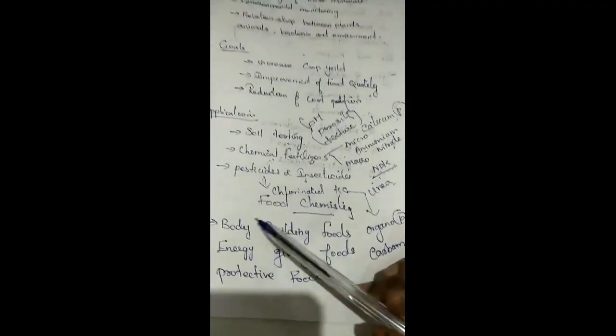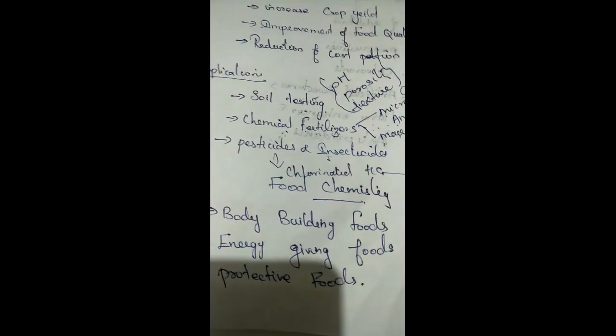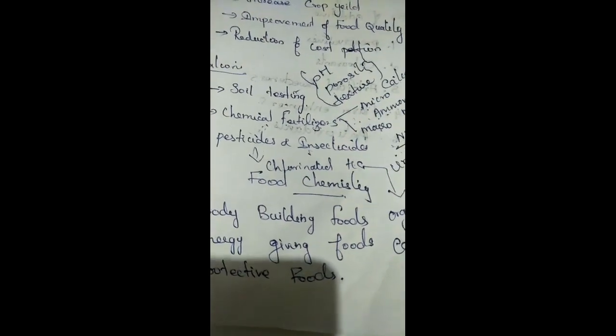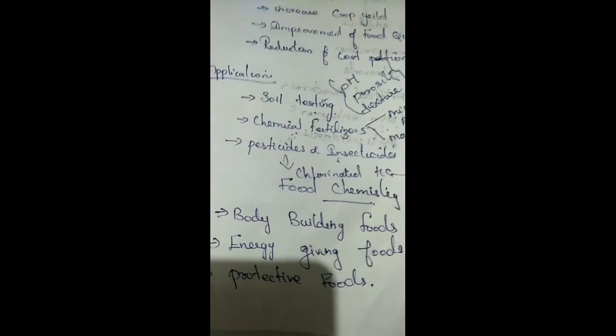Next we are going to see about food chemistry. Food is the basic need of all human beings and animals. The food we eat also contains what? Chemicals. Any diet should contain mainly three kinds of foods. Okay students, after agricultural chemistry, we are going to learn about food chemistry.